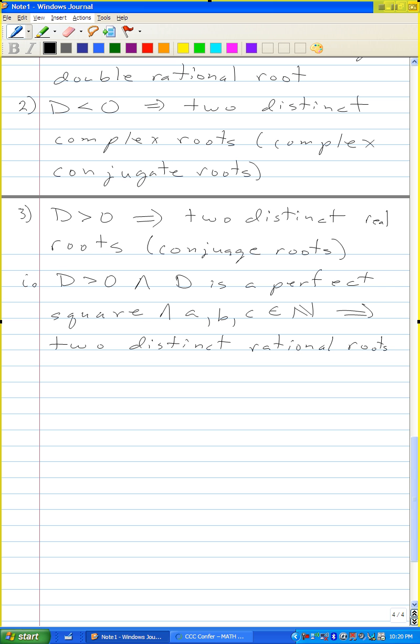Next, suppose that the discriminant is greater than zero and that A, B, and C are natural numbers, and that D is not a perfect square.